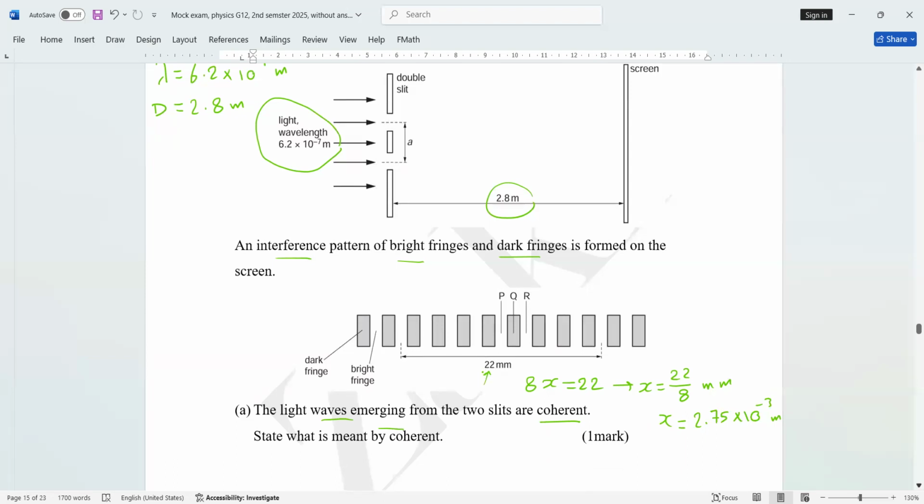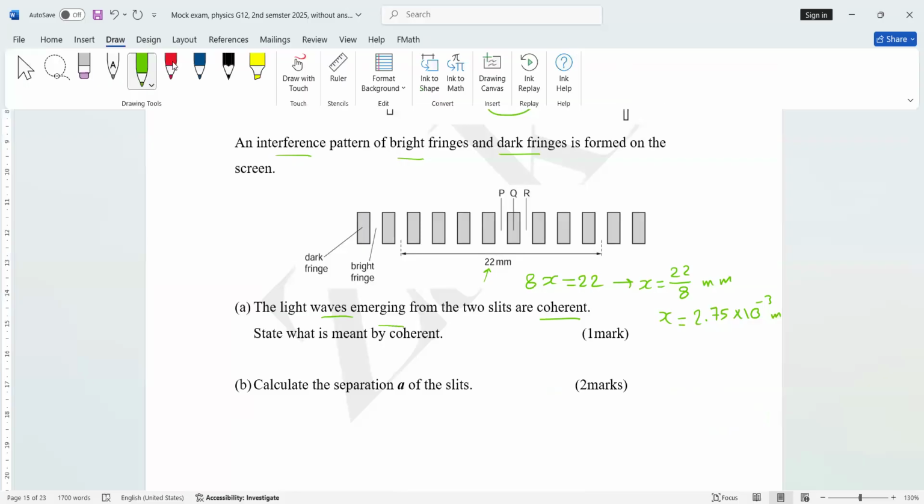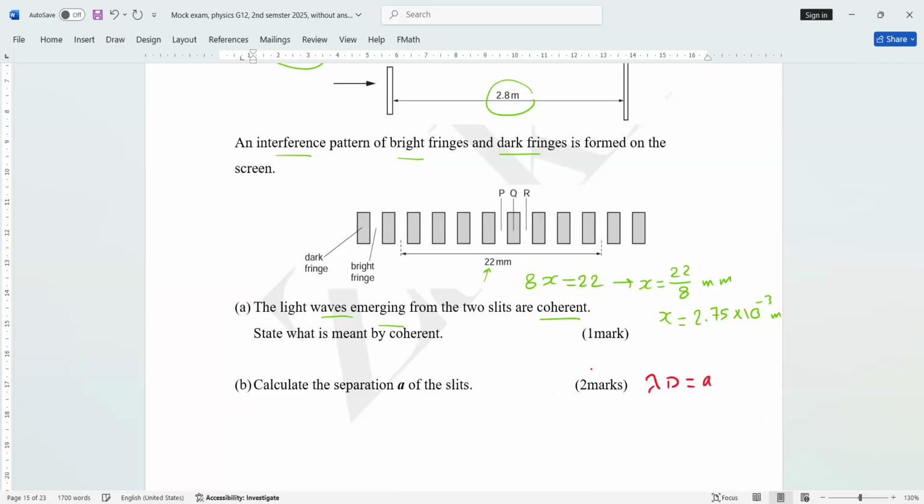Calculate the separation a. Now, the formula is lambda D equals a x. Then a, rearranged, is lambda D over x.